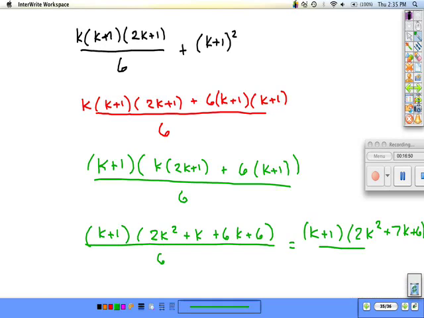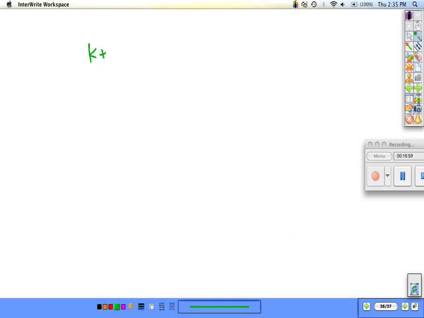And then this is factorable into k plus 2 times 2k plus 3. And this is over 6, which is what we were trying to show.